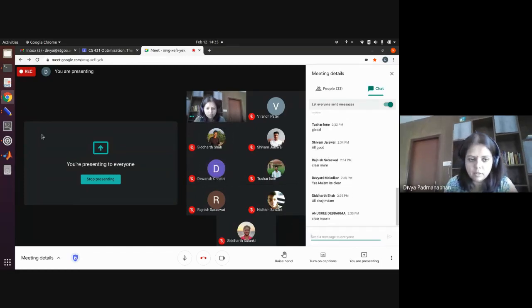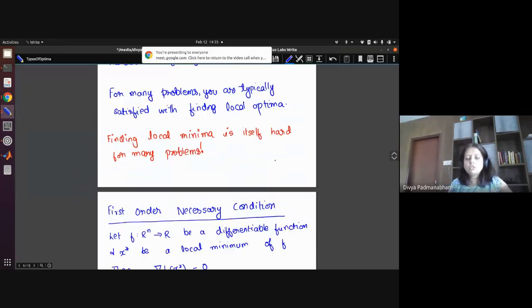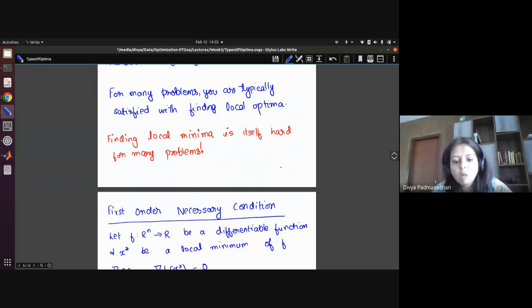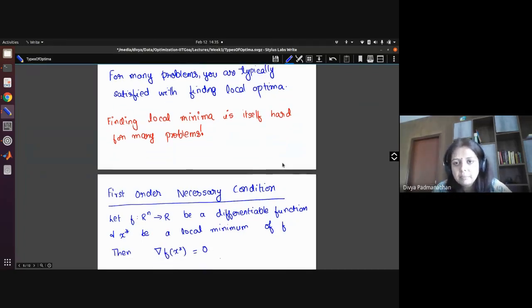Fine. Good. So having set the base for optimization problems, let's go into some characterization of these local optima. Some variant of these things you probably would have learned in your school days or even after coming here, but you need some rigorous notion to see why these conditions hold, and that's what we will do today.